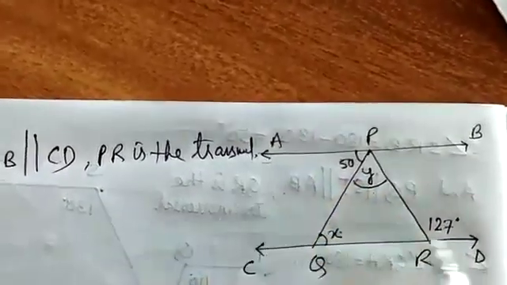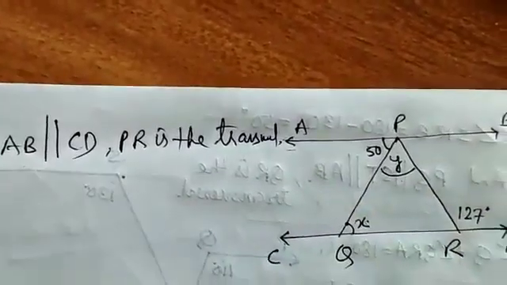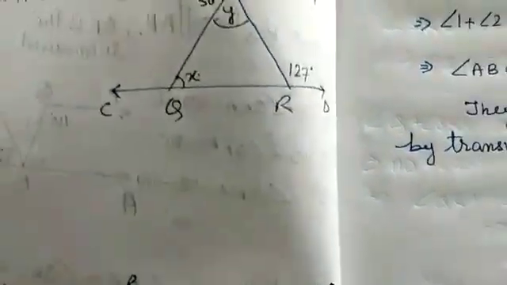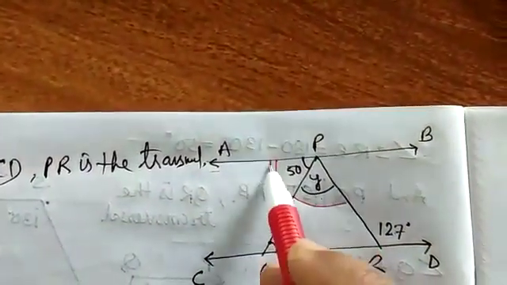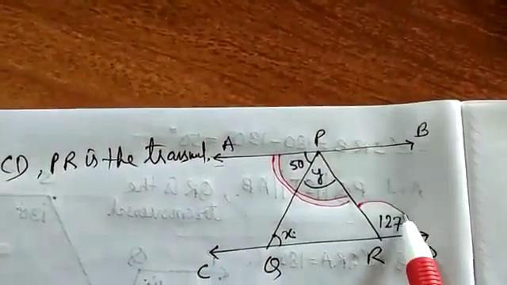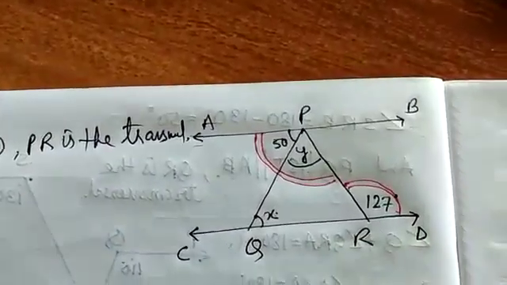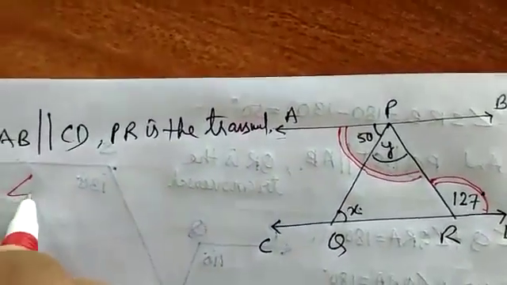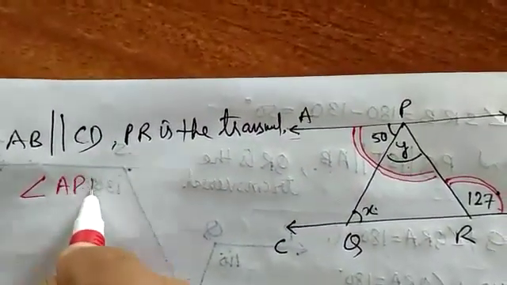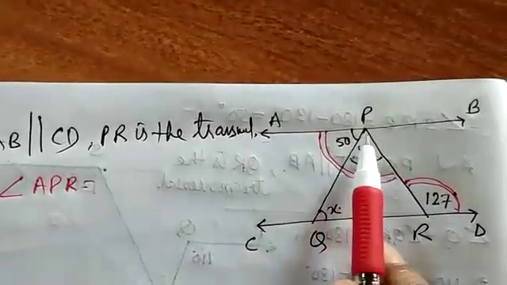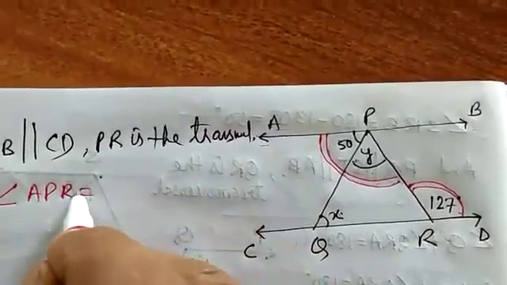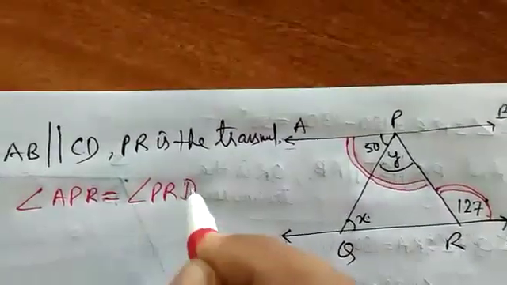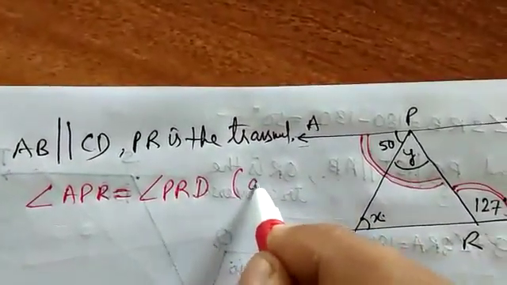You write nicely transversal, and then this complete angle, which contains Y, from here to here, will be equal to this angle. They are alternate interior angles. So angle APR, this complete angle, is equal to angle PRD. Alternate interior angles.